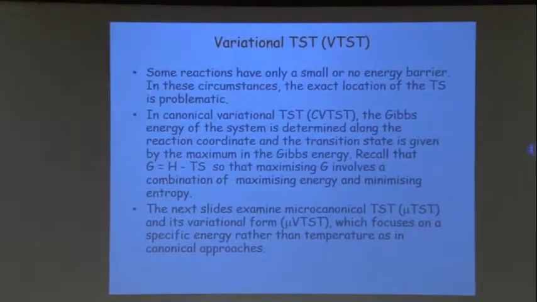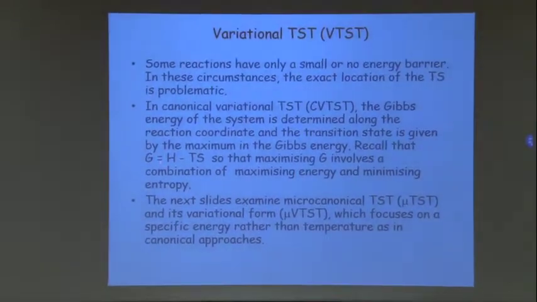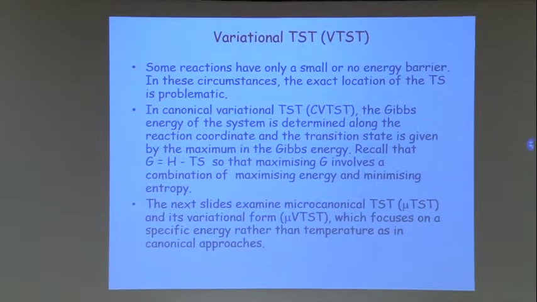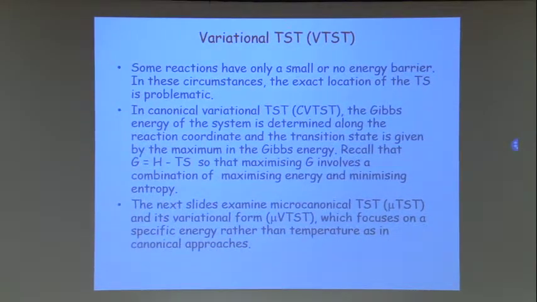Gibbs energy is a combination of the enthalpy and the entropy, so to maximize G involves a combination of maximizing the energy term and minimizing the entropy term. So the transition state could be where it is because of either energetic or entropic effects. We'll see that in a minute.